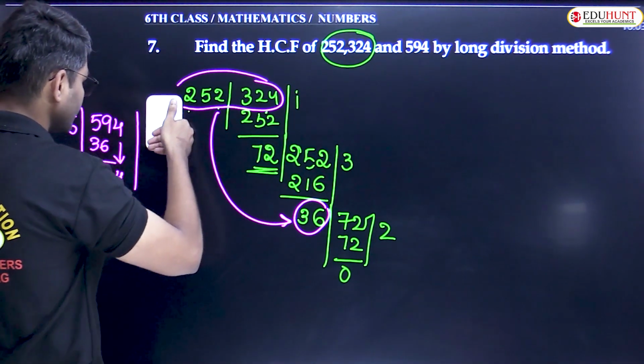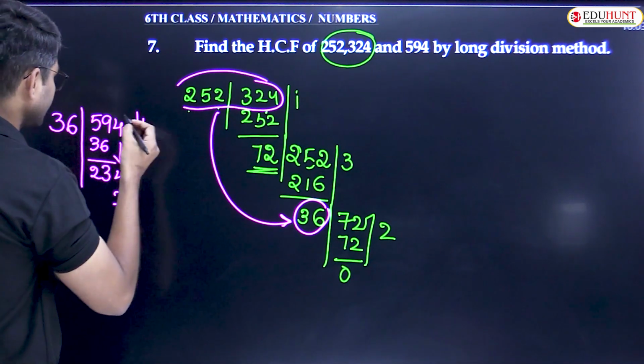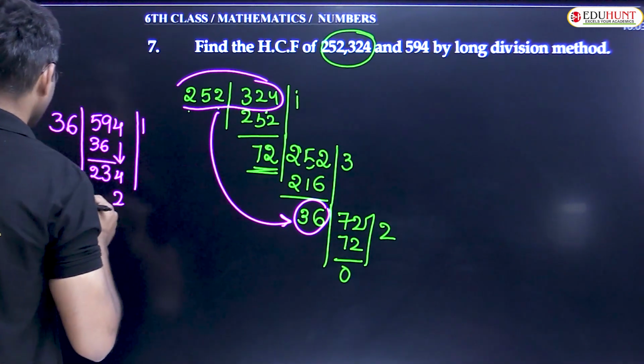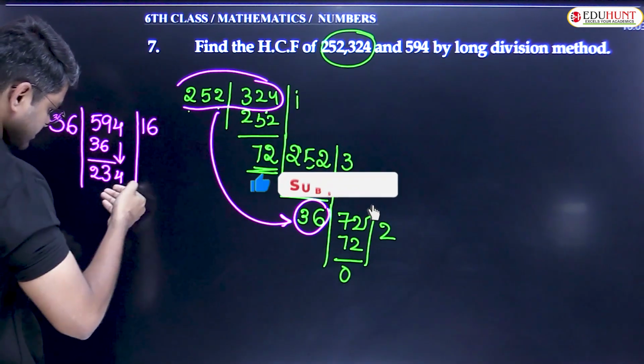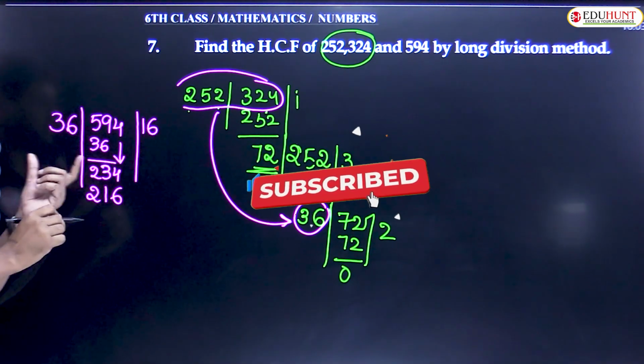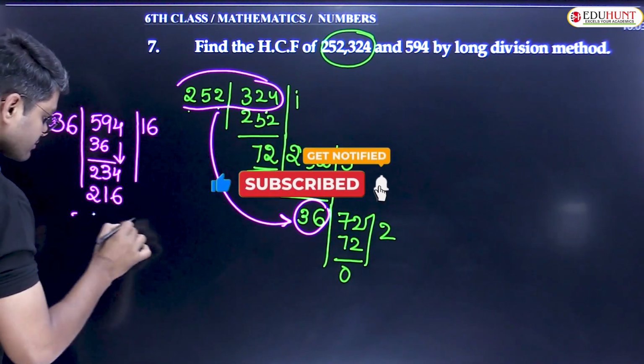It is a bigger number. So we should not take 36 7s. We should take 36 6s, that is 216, because 6 cube is 216.